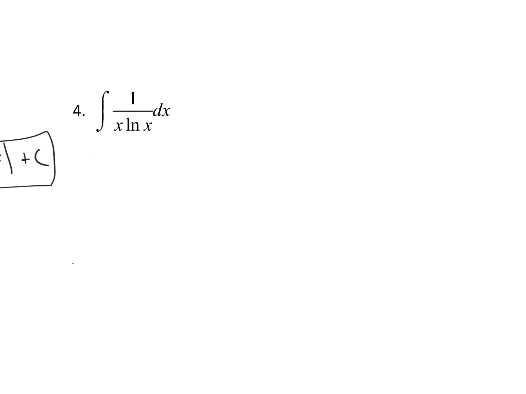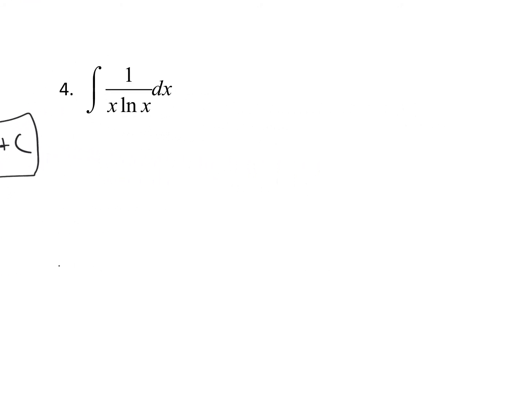For 4, this looks a little different. I just have a 1 on the top. I have x ln x on the bottom. I probably wouldn't want to make u the whole bottom, because then I've got the product rule of x times natural log of x.